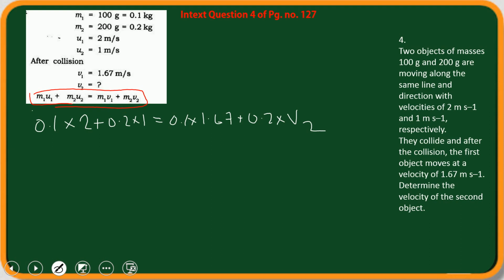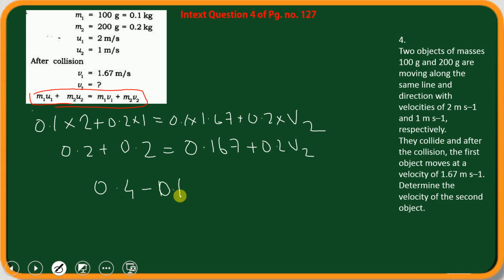Now this is 0.2 plus this is also 0.2, correct, is equal to, the point will be shifted here, 0.167, correct, plus 0.2 V2, correct. Now this is 0.4 minus 0.167 is equal to 0.2 V2, correct.